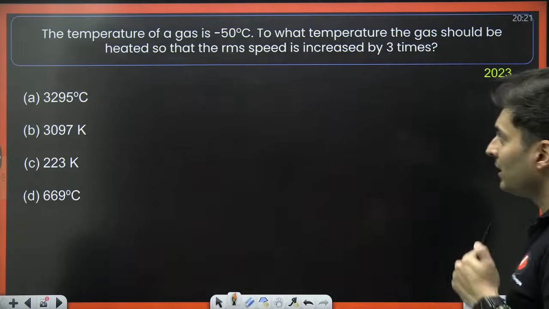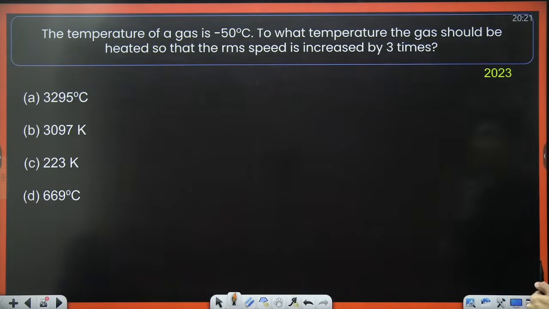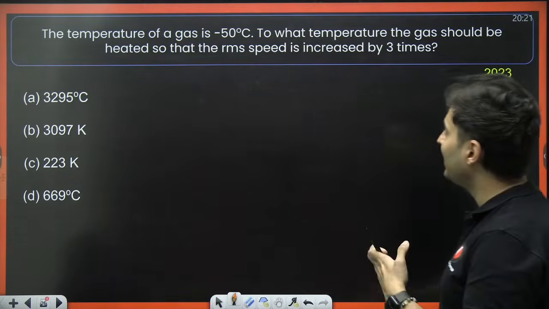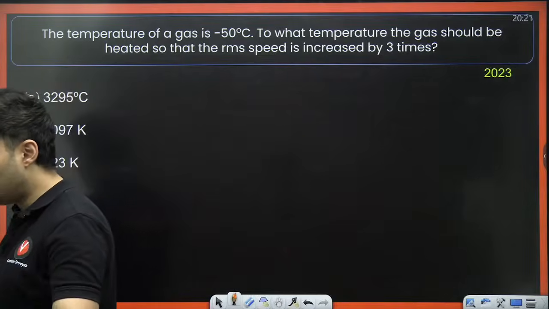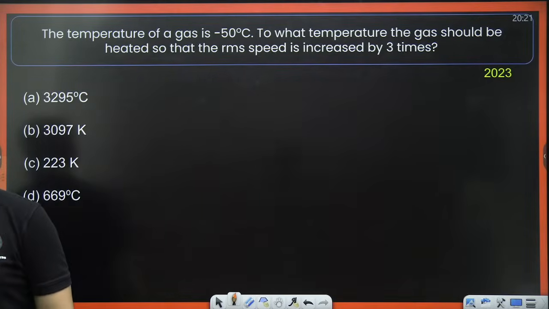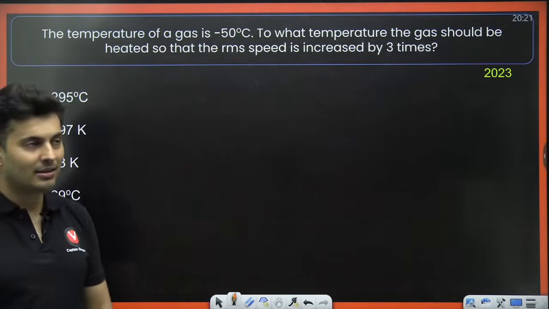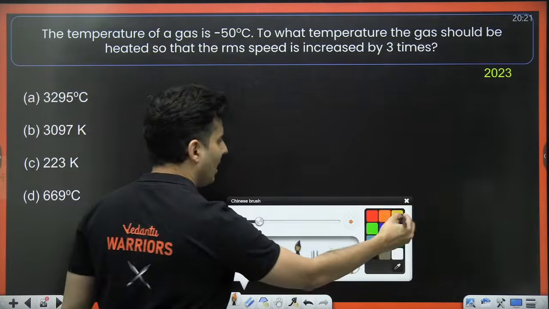Next question. This was asked in 2023. Temperature of a gas is -50. To what temperature the gas should be heated so that RMS speed increased by 3 times. What's the RMS formula?